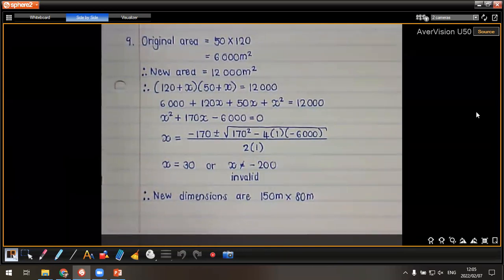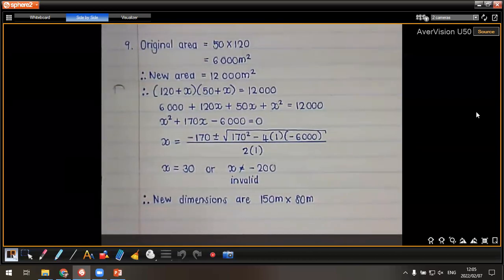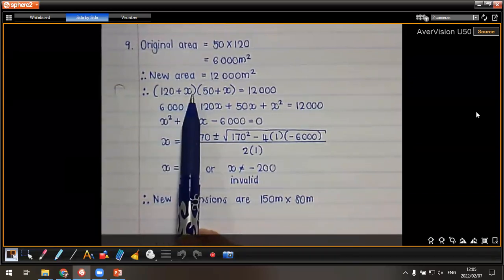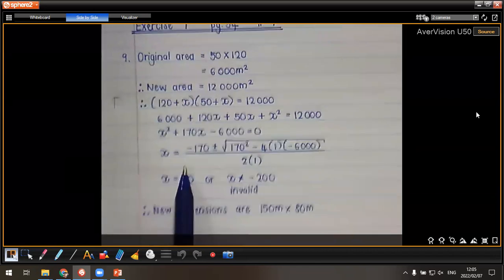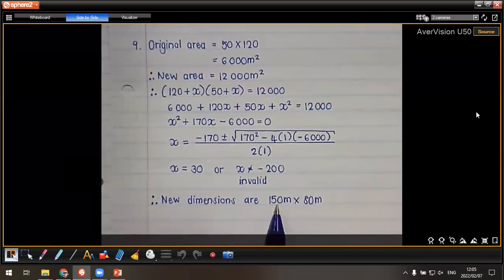Then they didn't only ask for x, guys. With these word problems, you also need to be careful to make sure what they are actually asking. They said in the question, determine the dimensions of the new parking area. Now remember the dimensions were 120 plus x, so 120 plus 30. That's where that 150 is coming from.